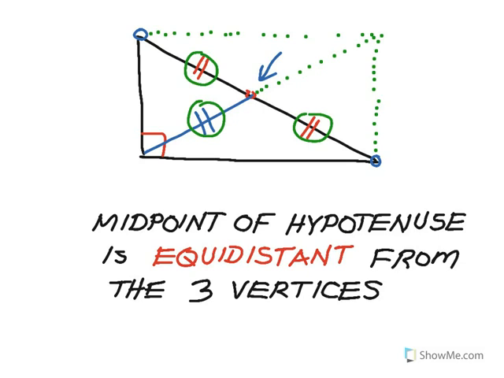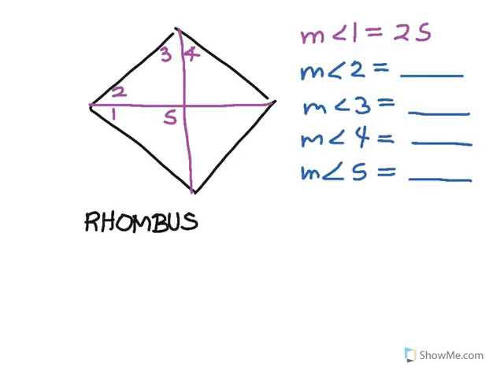Okay, so in this first example we have a rhombus, and we're told that angle 1 in this rhombus is 25 degrees. So I know, because the diagonals of a rhombus bisect each of the angles, that angle 1 and angle 2 are the same measure, so angle 2 must be 25 degrees. Now I know that the sum of those two angles is 50 degrees, and because this rhombus is a type of parallelogram, this big angle has to be supplementary with angle 3 and 4.